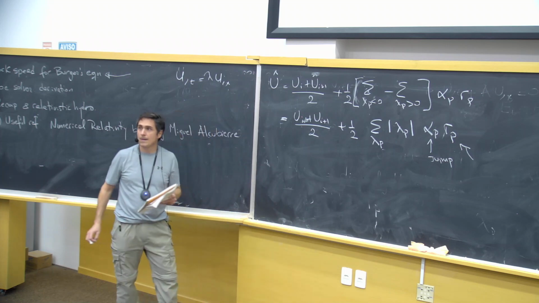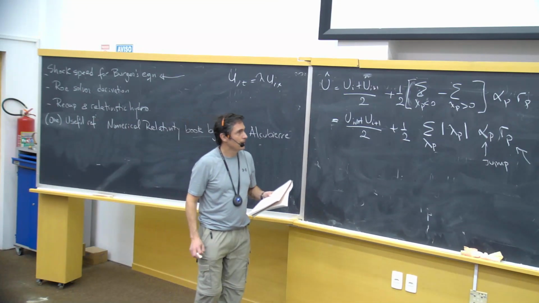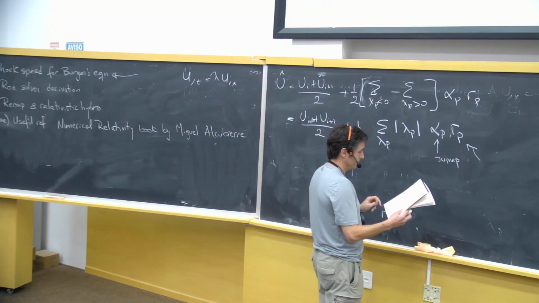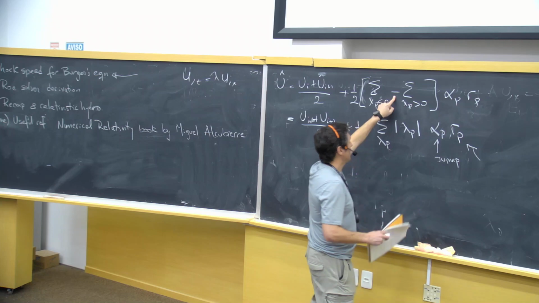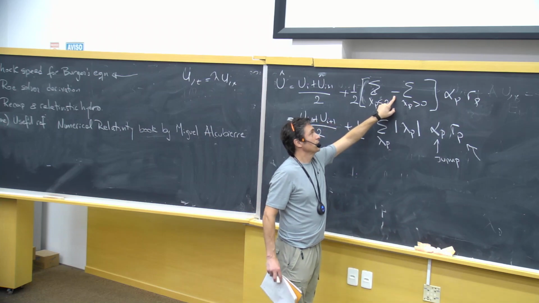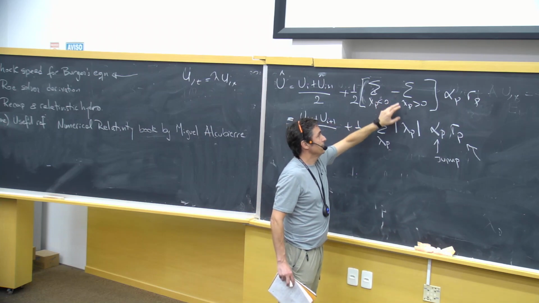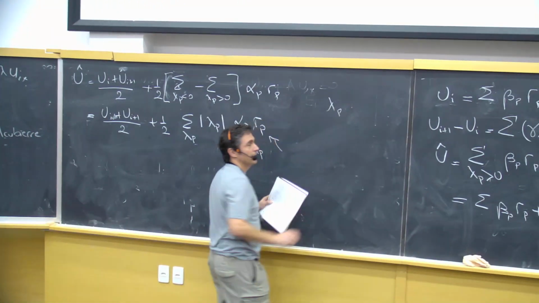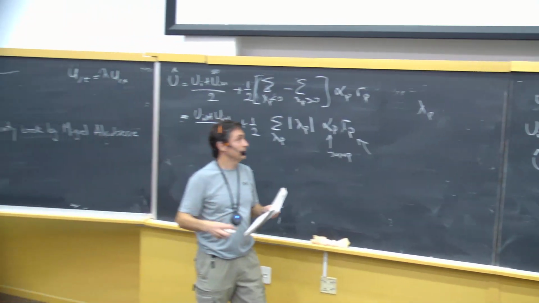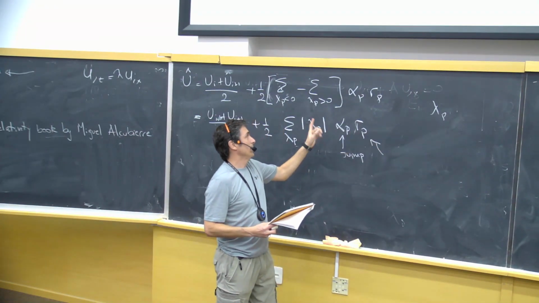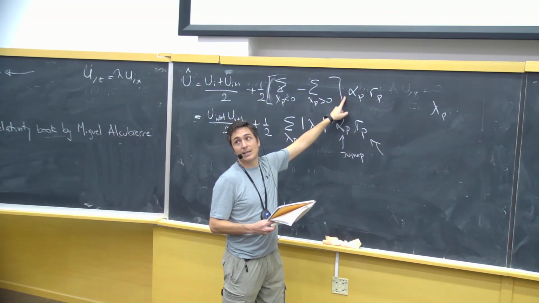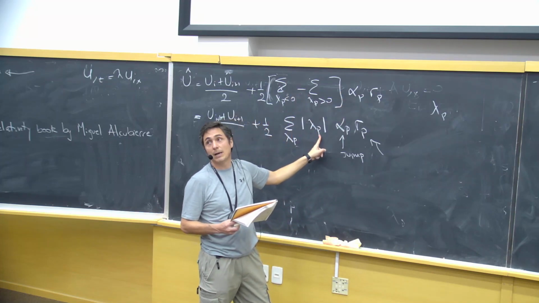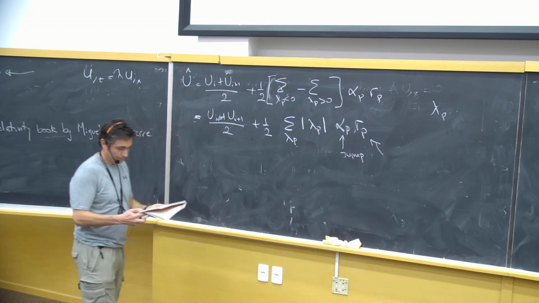Yes. So in here, let me see. In here I have a minus sign, so I'm going to put a plus sign. So here, let's imagine that lambda p, normalized, could be plus or minus 1. And so if I multiply here by a negative sign, then I can just change it to a plus sign and then put the absolute value here.